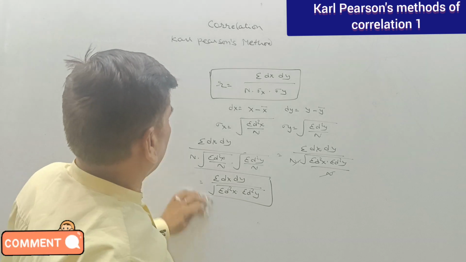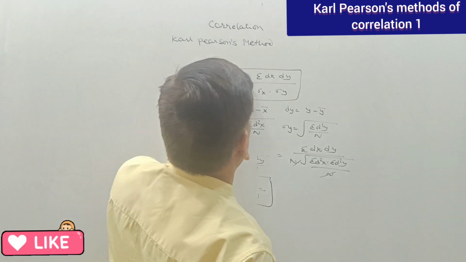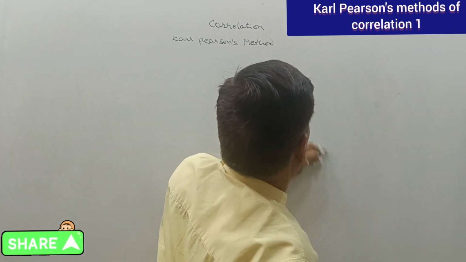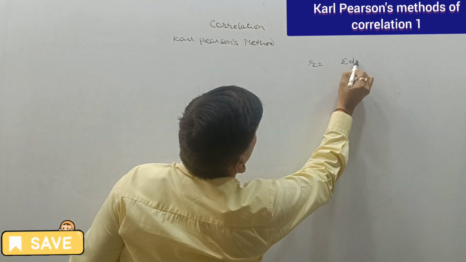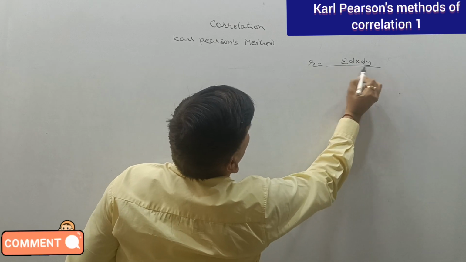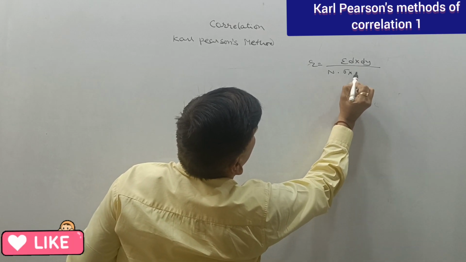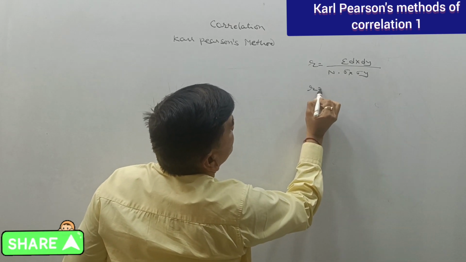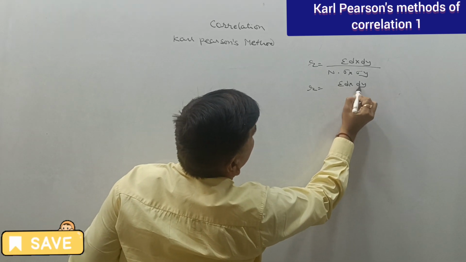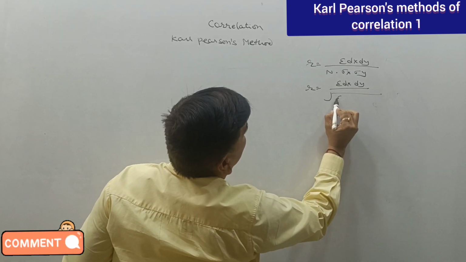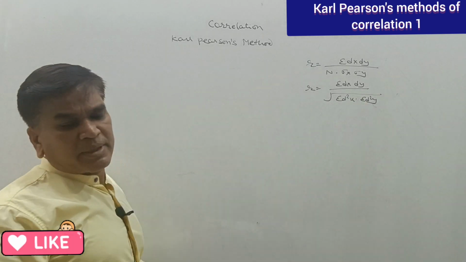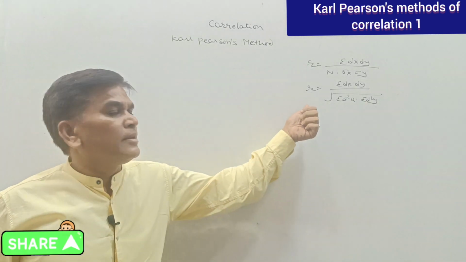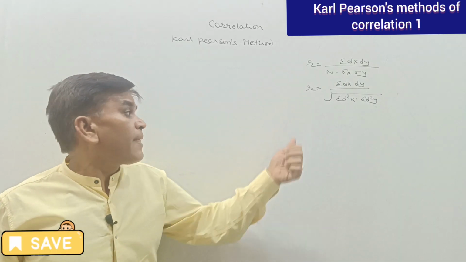So we can say r is equal to sigma dx dy upon n multiplied by standard deviation x multiplied by standard deviation y, or r is equal to sigma dx dy upon the root of sigma d square x multiplied by sigma d square y. Both are direct methods for calculating correlation.